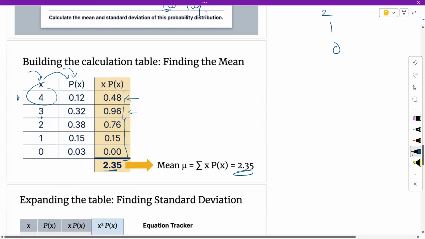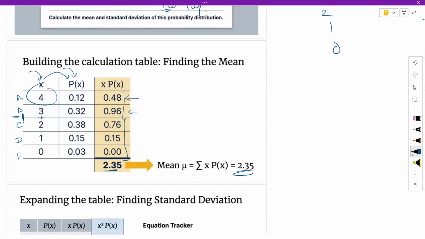Somewhere here. This is A, B, C, D, E. So you expect between B and C, since you are getting 2.35. 2.35 is in this range. That's the meaning.